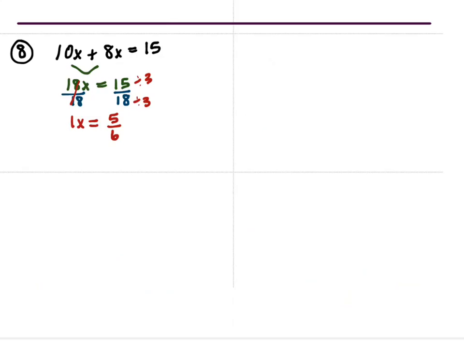So let's check this answer of 5 over 6 in our original equation of 10x plus 8x equals 15, and then substitute in our suspected solution of 5 over 6 as our answer for x. So let's say 10 times 5 over 6 plus 8 times 5 over 6 equals 15.